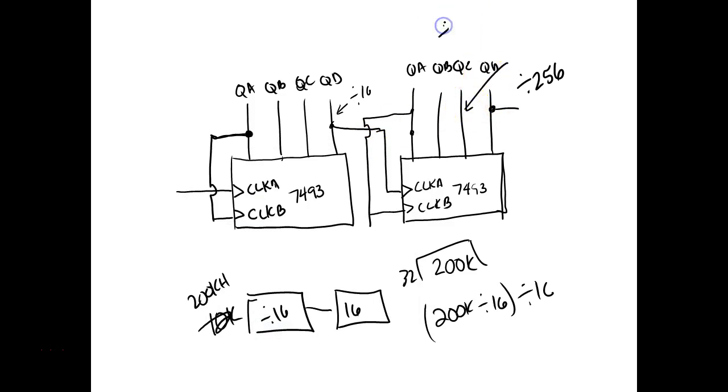Well, now I'm taking a divide by 16, and I'm feeding that into a divide by 8, because I'm taking it right there. So this is 2, 4, 8, 16. Now if I take it off the C output here, I would get a divide by 16 times a divide by 8. What would that give me?